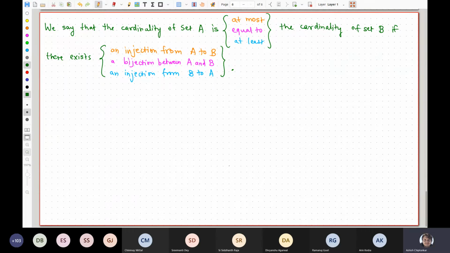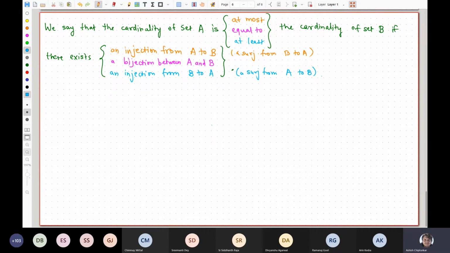Okay, so note that when these sets are non-empty, let's not worry about the corner case where the sets are empty and so on. So when the sets are not empty, this is the same as saying there exists a surjection from B to A. Sorry, there exists a surjection from A to B. Right, so we have seen that.